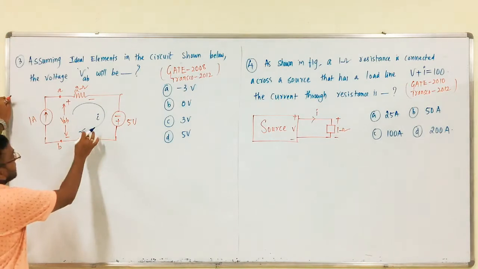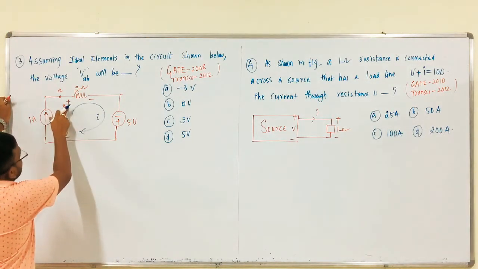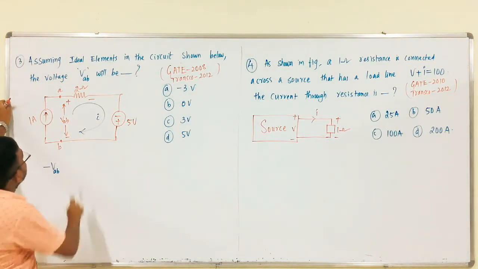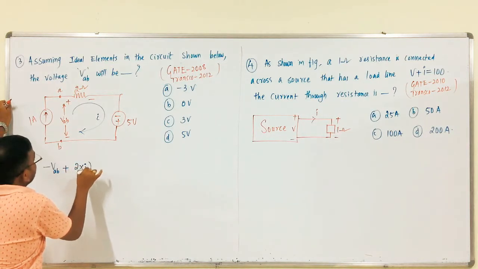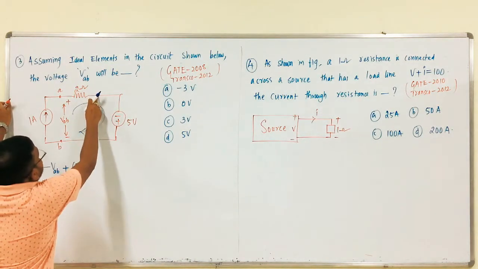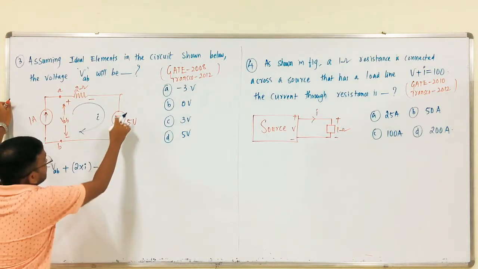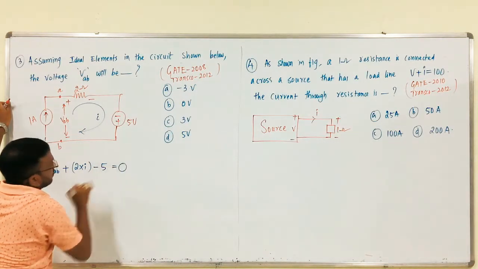Based upon this current direction, it is from negative to positive, that is minus VAB, coming to this plus 2 into I, completed. Then again negative to positive, that is minus 5, which is equal to 0.